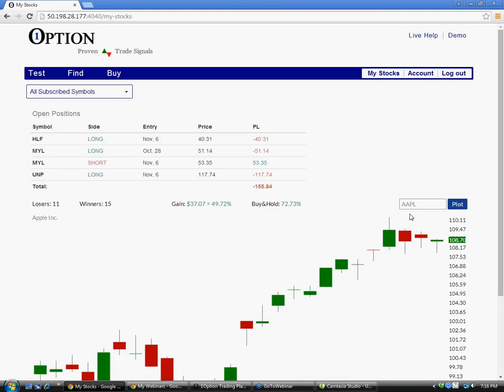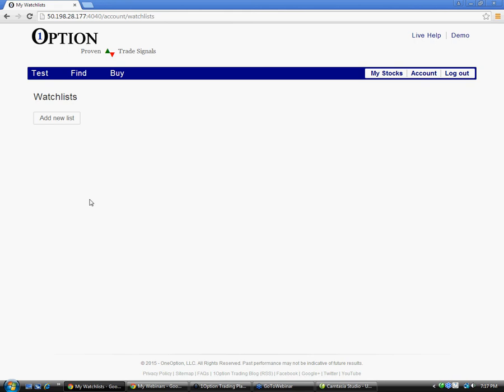I want to show you kind of a neat feature on the My Stocks page, and that is that if you want, you can view all of the symbols in the table. And so when you log in each morning, you'll see the new entries and the new exits listed at the top, and then you'll see your open positions. If you wanted to, you could manage your symbol lists and you could add a new list.